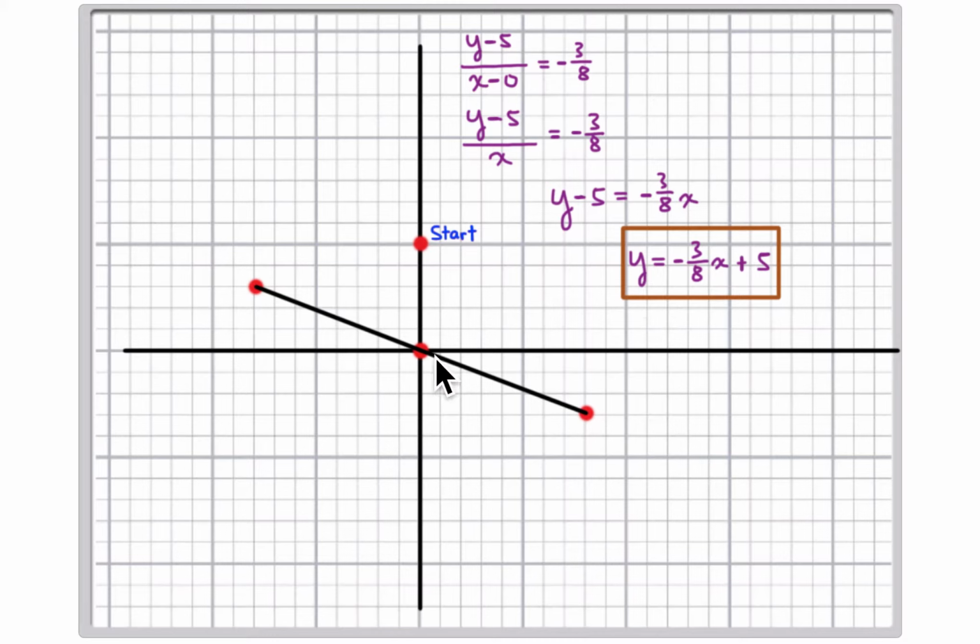So you could move to either this point right here. So this is a +8, -3. It's 8 along the x-axis and 3 along the y-axis. One of those two has to be negative, and the other one has to be positive. You can do it either way. So it's a +8, -3, or a -8, +3. Both of those moves will get you to 2 points that are on this same line.